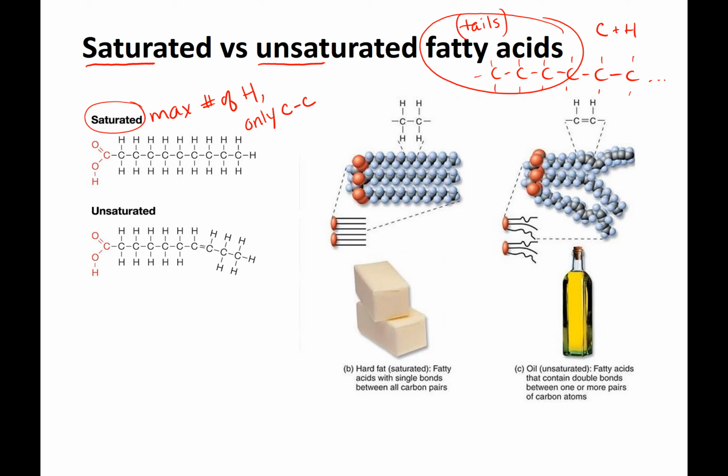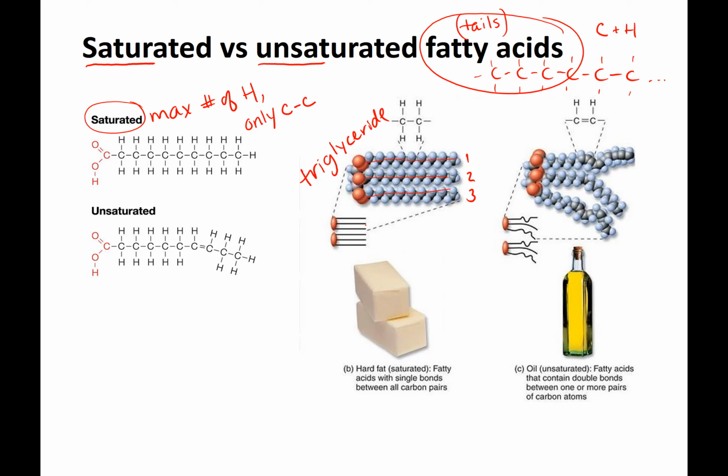And saturated fatty acids make these nice long chains. And this is a triglyceride. Oh, I didn't spell that right. Triglyceride. See, it has 1, 2, 3 fatty acid tails.